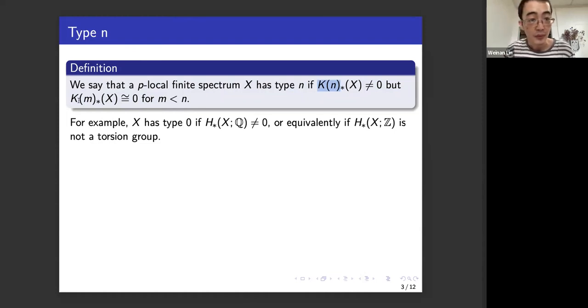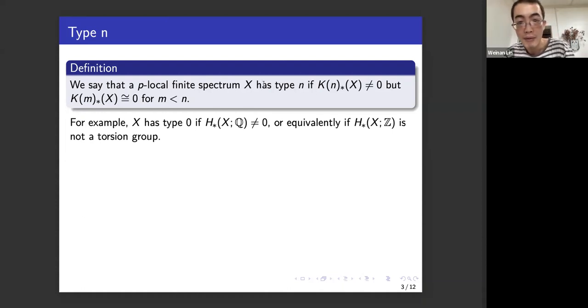And there's a very interesting question you can ask about the type N spectrum. You can ask, is there a spectrum of type N for every N? So actually I should include this in my slides.